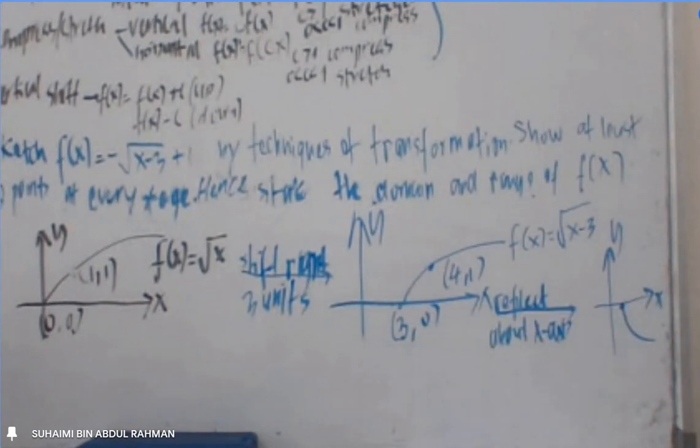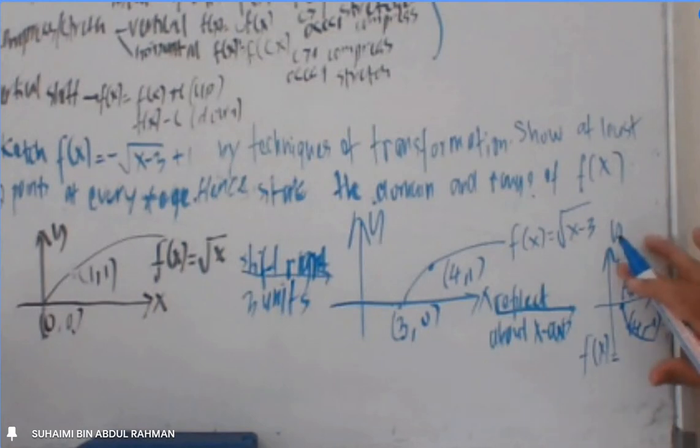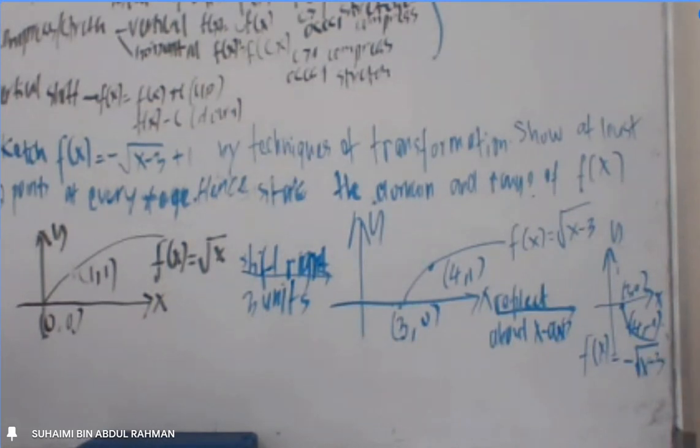It remains at 3, 0. And the point 4, 1 will go to the point 4, negative 1. And what is the new function now? Negative square root of x minus 3. So, finish of number 2.